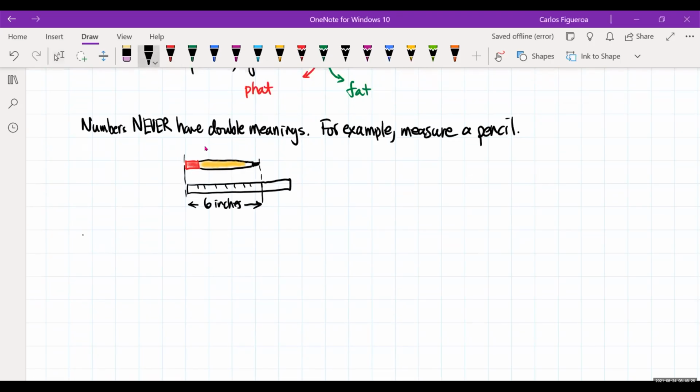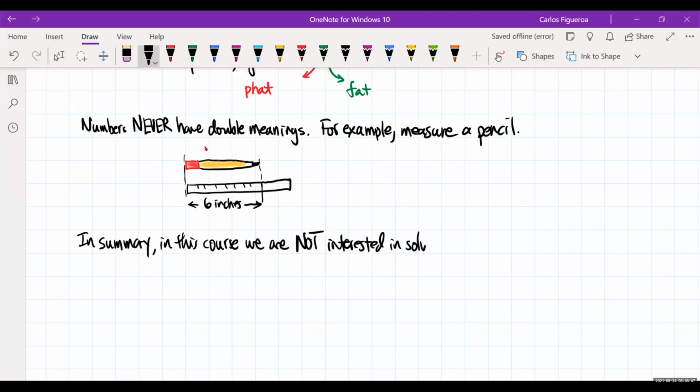So to summarize this, in this course, we are not interested in solving mathematical equations.